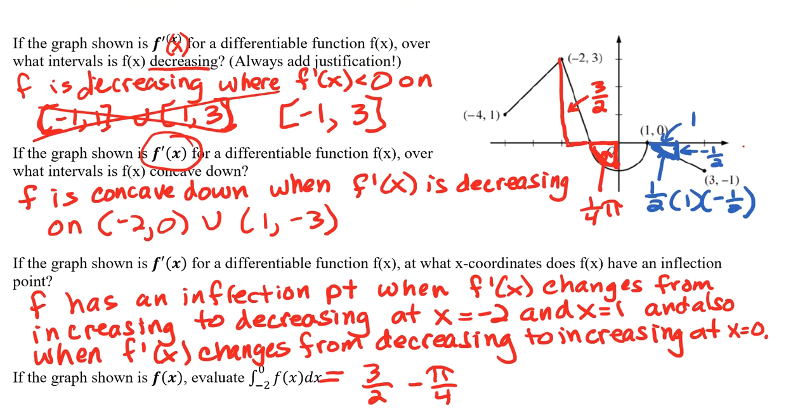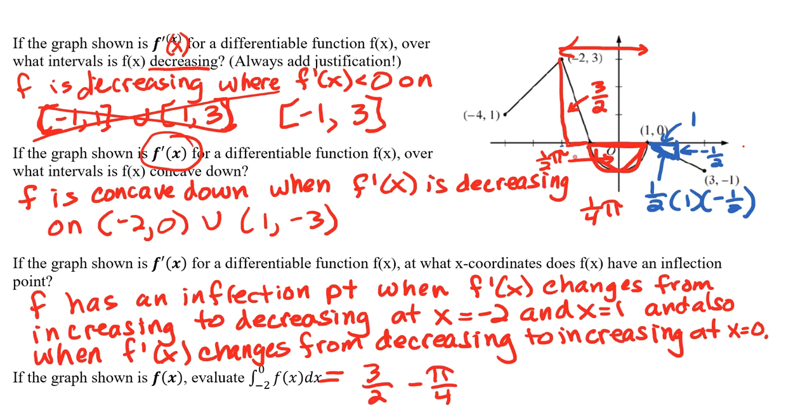So let's see geometrically from -2 over to +1. So I think we want that triangle and the entire semicircle from -2 over to +1. So we already did our 3/2, and now this semicircle is 1/2 of pi r squared with a radius of 1.